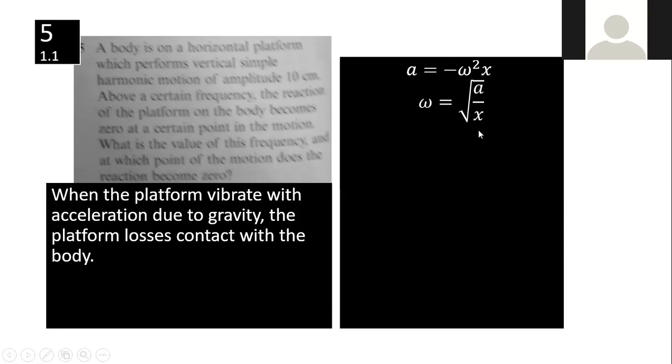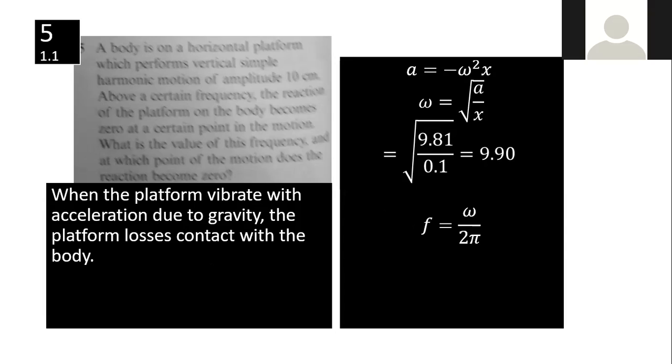So a is 9.81, acceleration due to gravity, x is 0.1, so you get omega of 9.90. Then calculate your frequency, omega over 2 pi, put your omega value inside there, and calculate out.